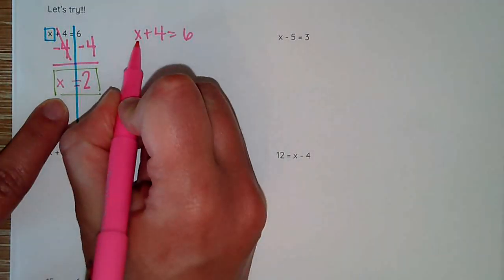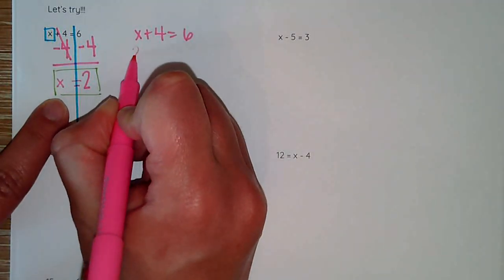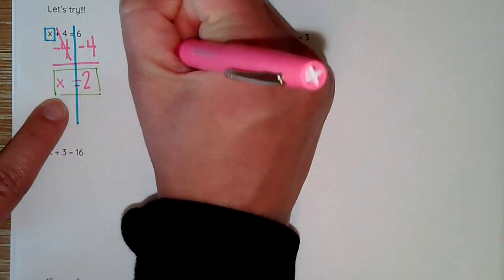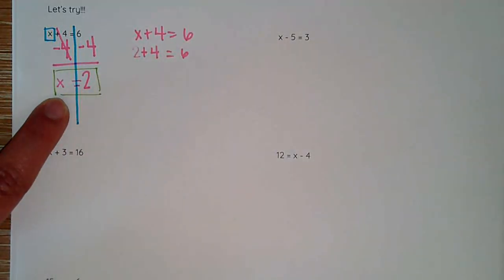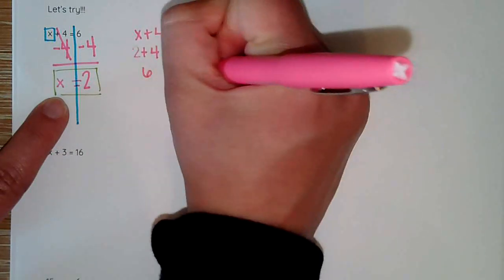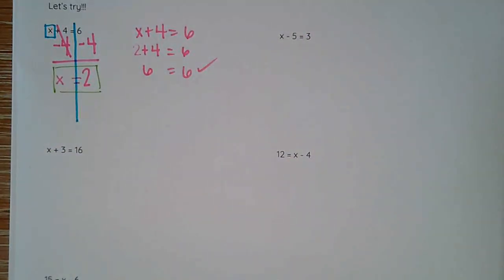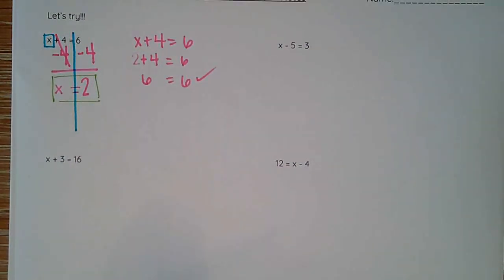So I'm going to plug 2 in for x. 2 plus 4 should equal 6. All right, 2 plus 4, 6 equals 6. I have done this correctly. They match. Therefore, my solution to this equation is x equals 2.